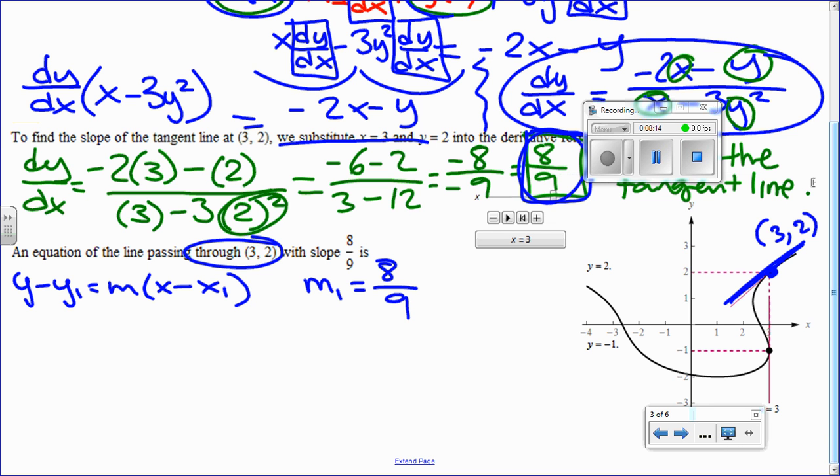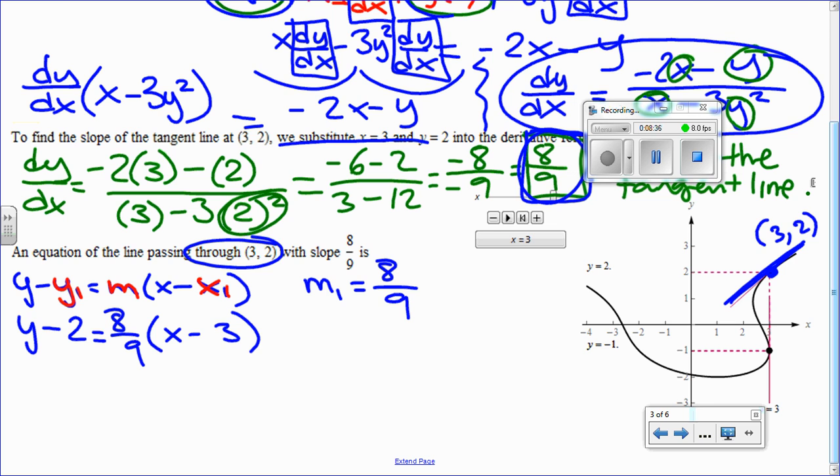So remember, the only thing that you substitute is the y1, the x1, and the m with the numbers. You still need y and x to give the equation of one line.